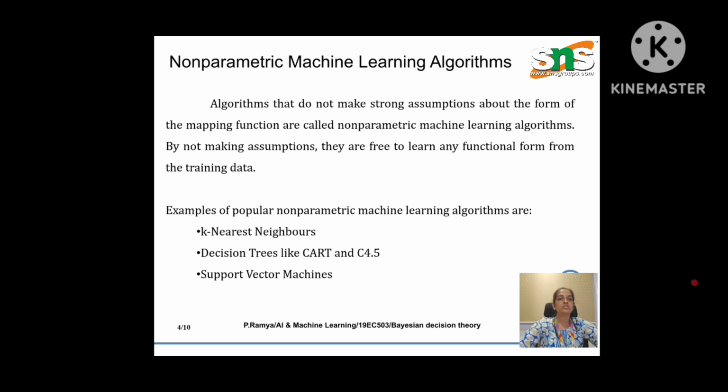It does not assume linearity, Gaussian distribution, independence of features, or fixed boundaries. Instead, the model says, let the data speak for itself. So the model becomes more flexible and adapts to whatever shape the data forms.